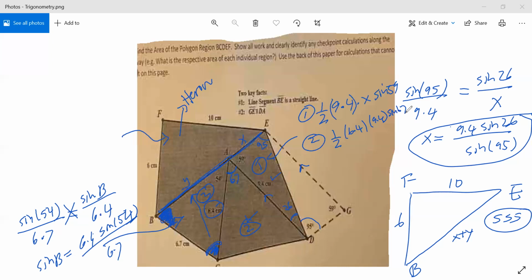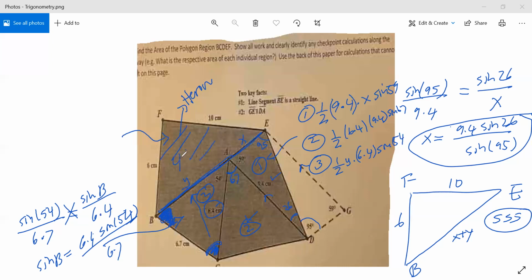That will give me 2. And for 3, I can use the y value. So I will use 1/2 times y times 6.4 times sine of 54. That will give me the area of these 3 triangles.